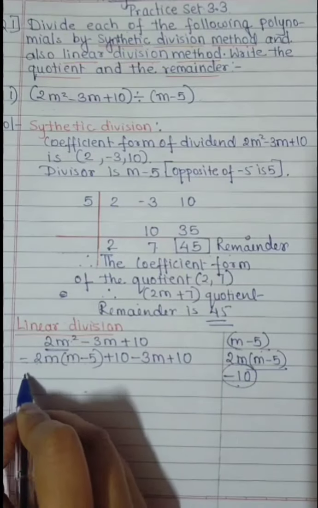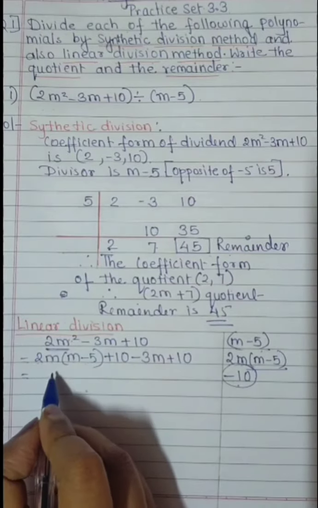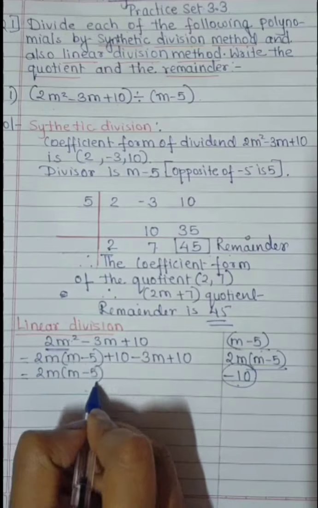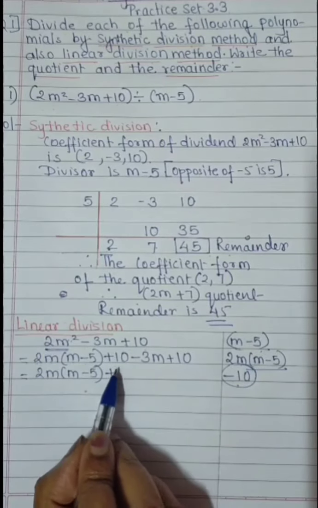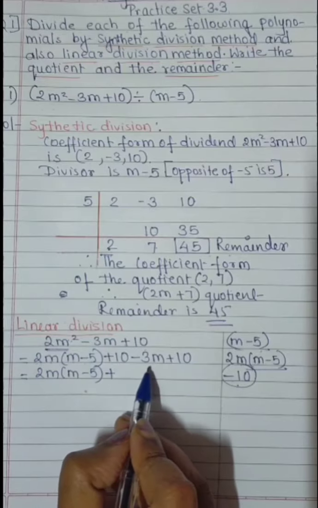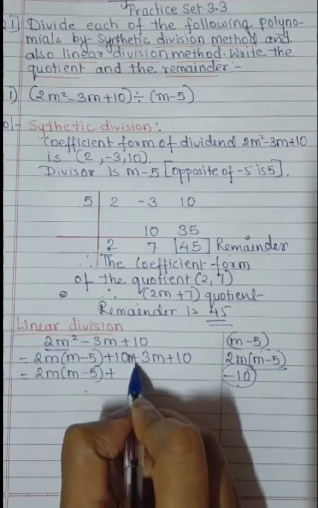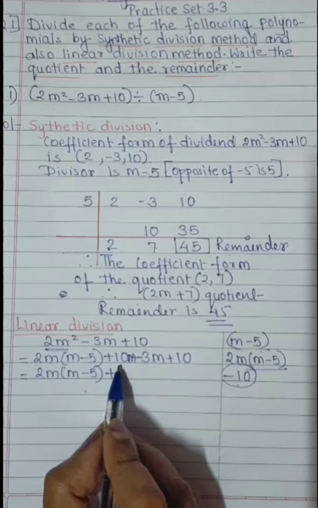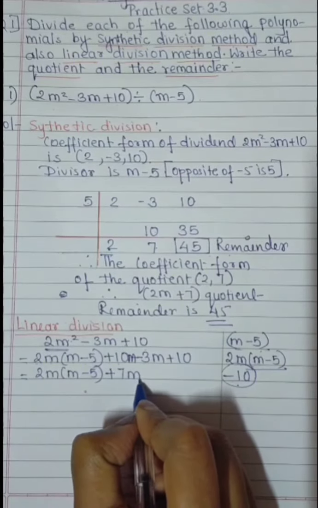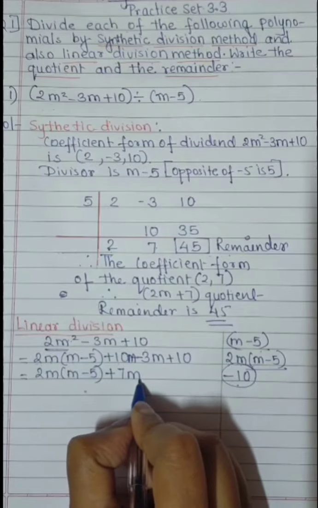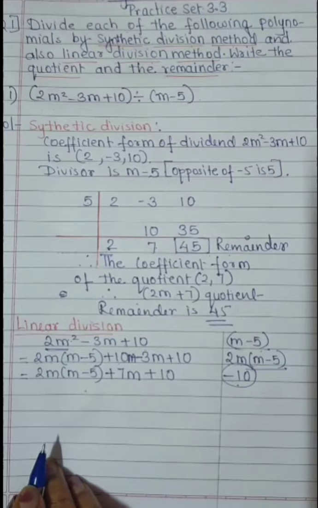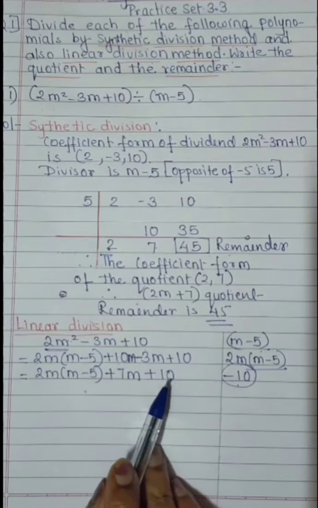Now the second step: 2m times m minus 5 will come as it is, plus, now here 10 minus 3 will become 7m, m will come, I forgot to write. So 7m plus 10. This is a constant, there is no variable.